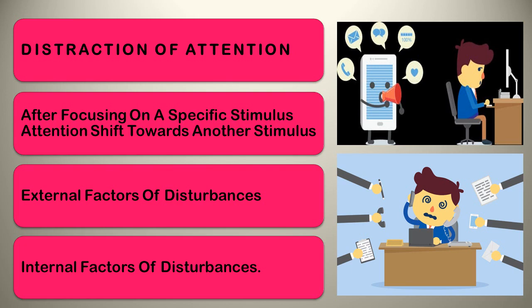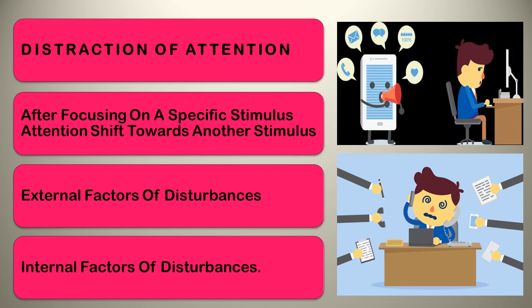Many external factors such as intensity, size, movement, etc. of stimuli may distract attention. For example, while studying, our attention may get suddenly distracted due to a film song played at high volume by our neighbor.